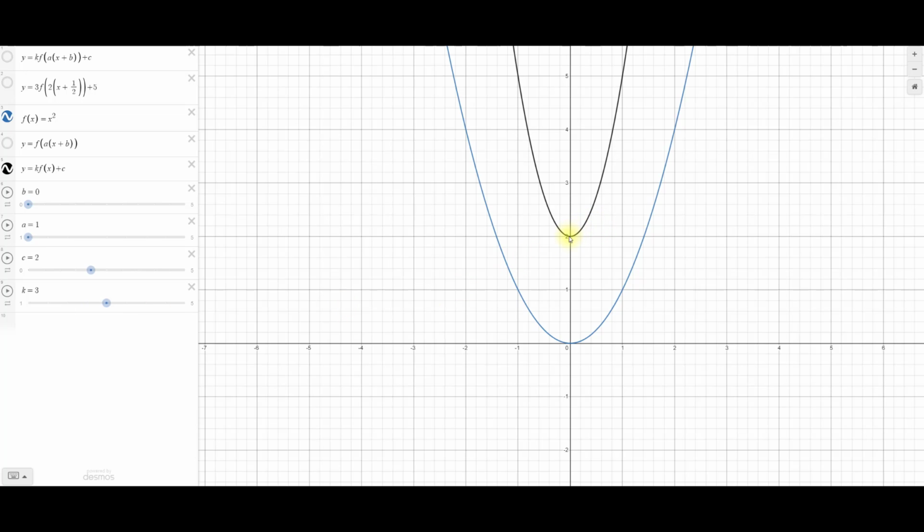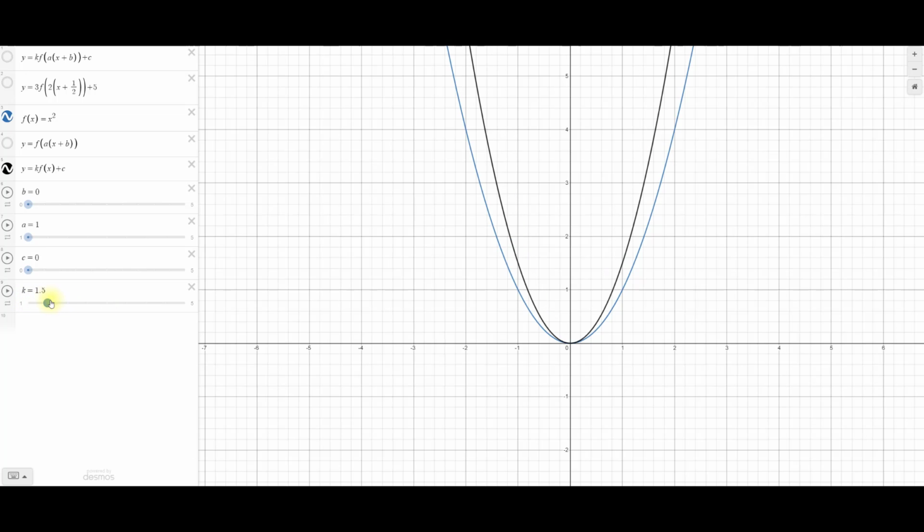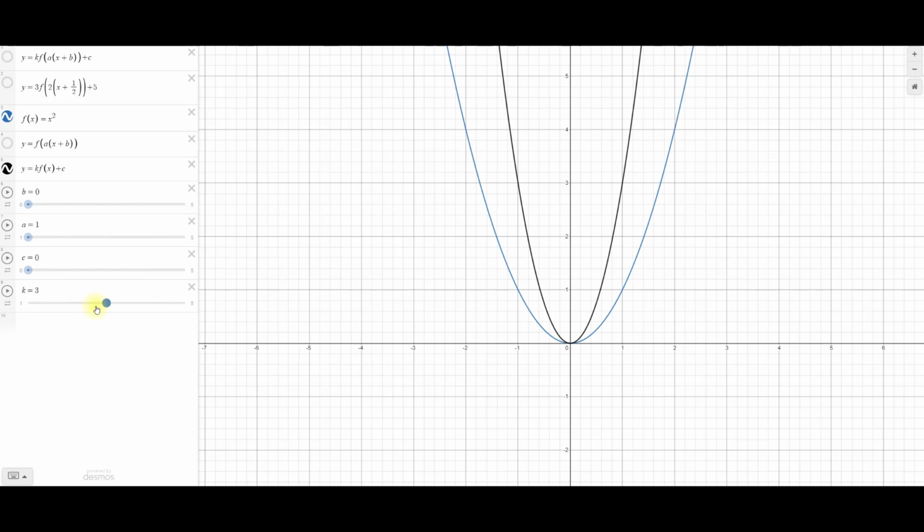So you can see our turning point is at (0, 2), and we have a point at (1, 5). Now, let's do that the other way, where we apply our dilation first and then our translation. And again, you can see that we end up at the same spot.